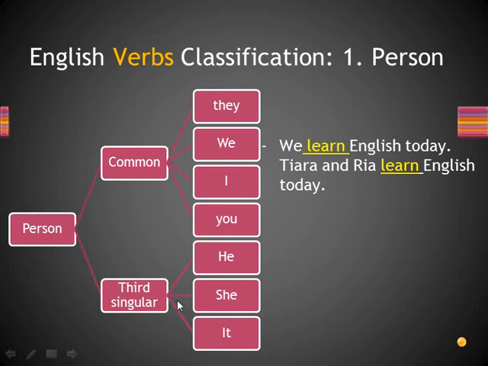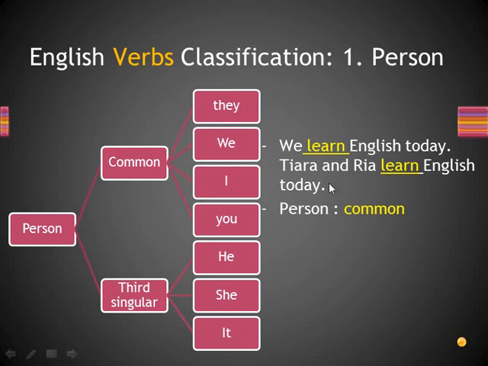Or Tiara and Ria learn English today, because it can mean some people. And here, if we analyze the verb learn, we can analyze the person as common. Why? Because we is part of the common subject. Tiara and Ria also mean we or they, so the person is common.